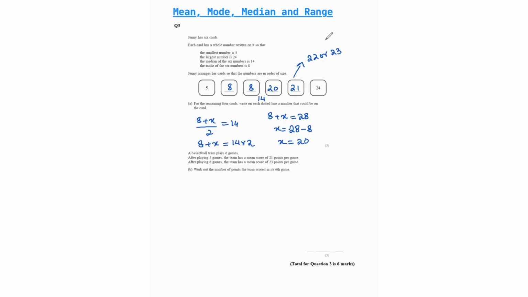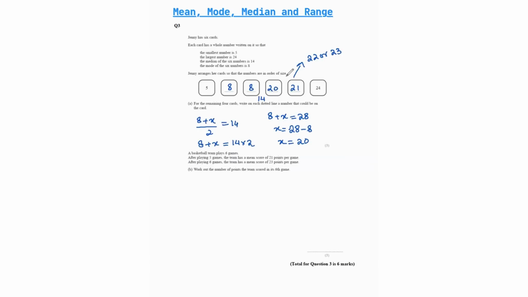They told us that the mode is 8, which means 8 is existing more than once. So if we say that the first two numbers are 8 after 5, so the number between 8 and another number is 14. So if you find the average of these two and make an equation, that means 8 plus x over 2 equals to 14. And that gives us the value of x as 20.